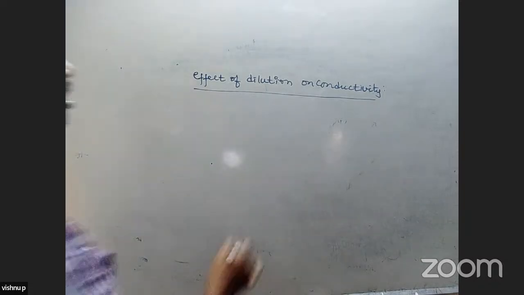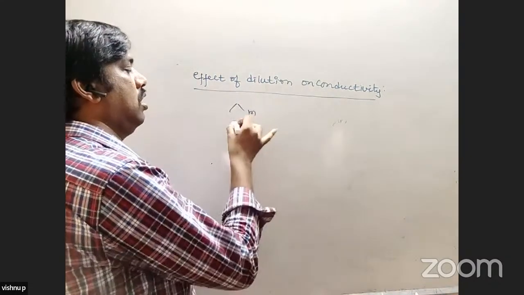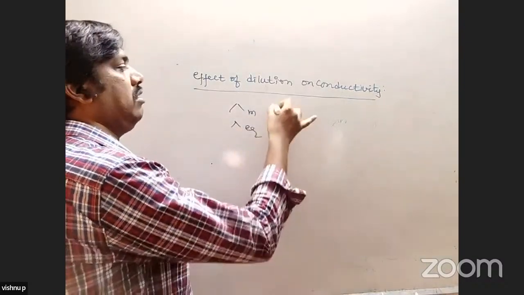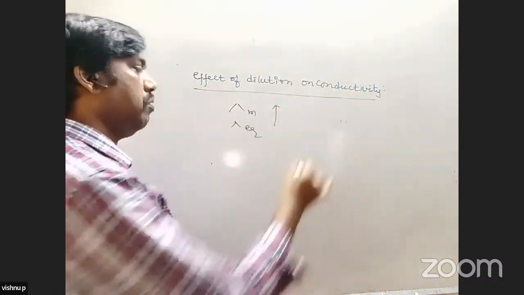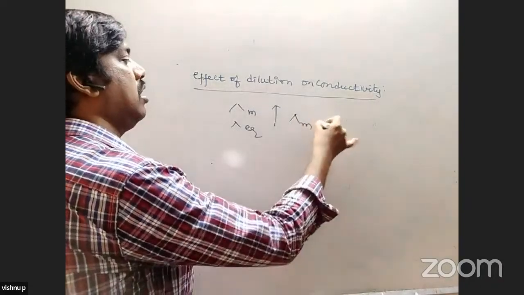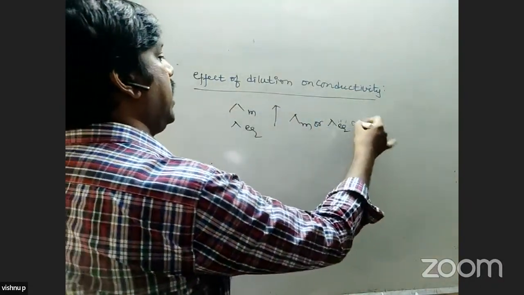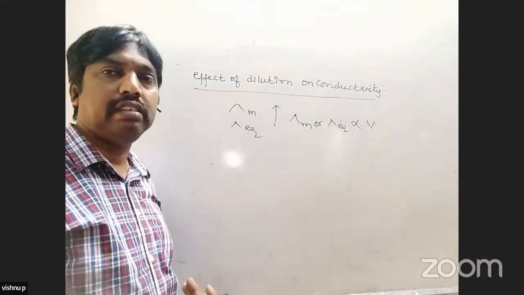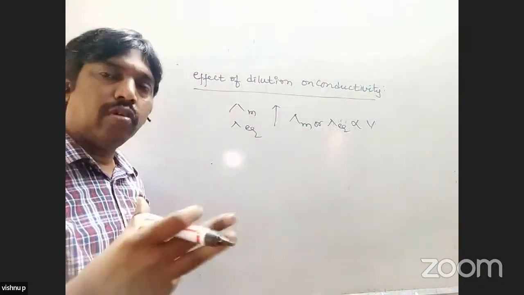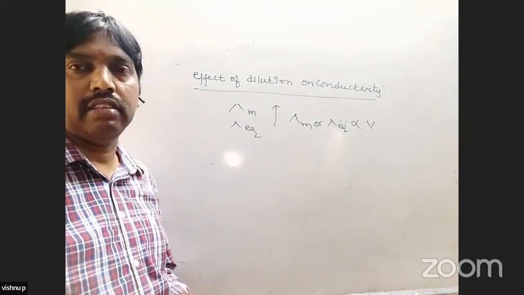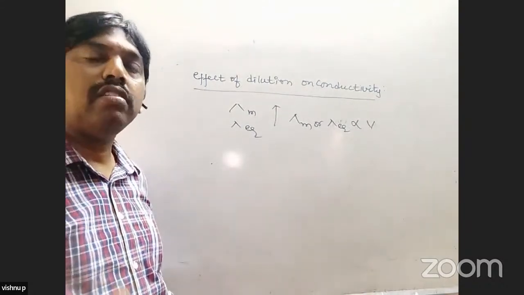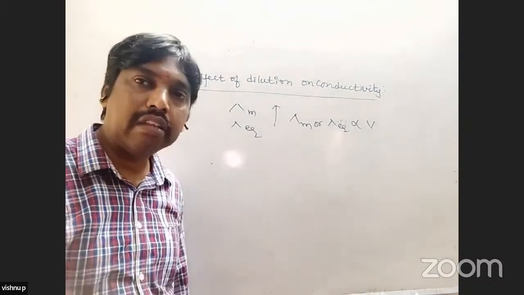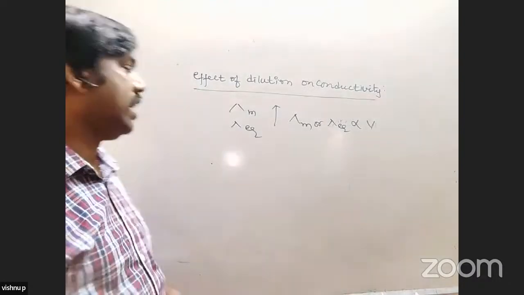With dilution, molar or equivalent conductivity always increases because molar or equivalent conductivity is directly proportional to volume. When dilution increases, dissociation of electrolyte increases. So more ions are present, and more ions show more conductivity.